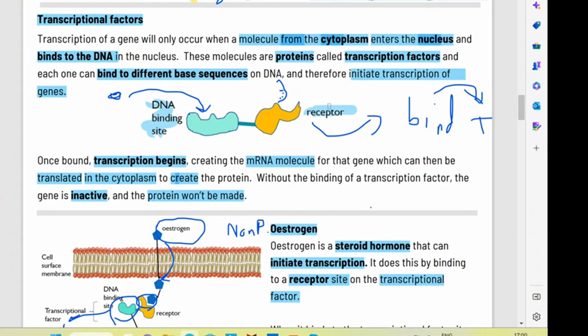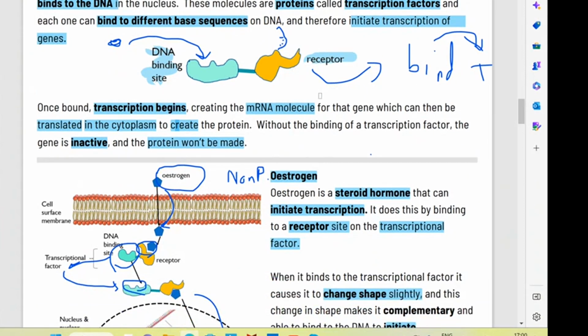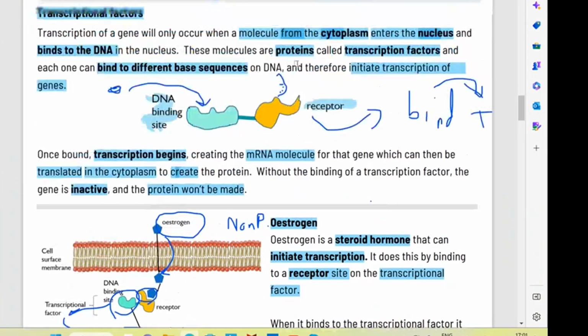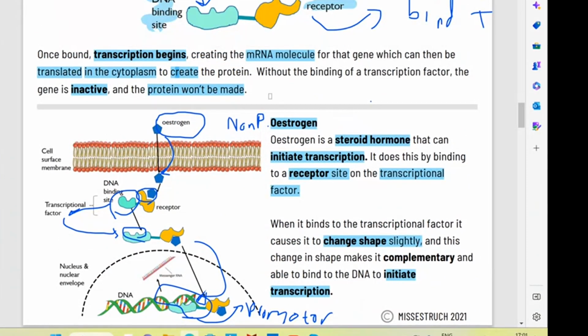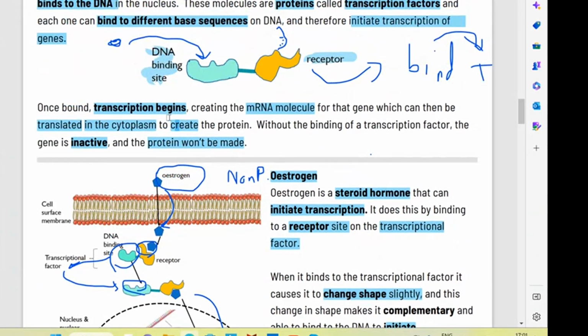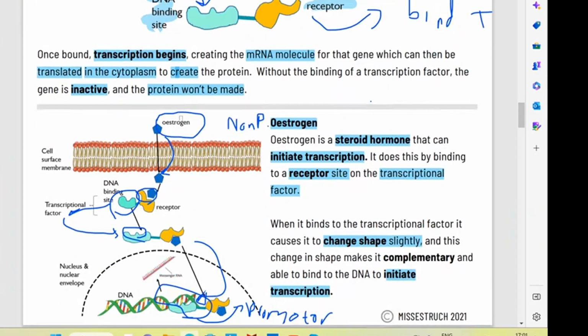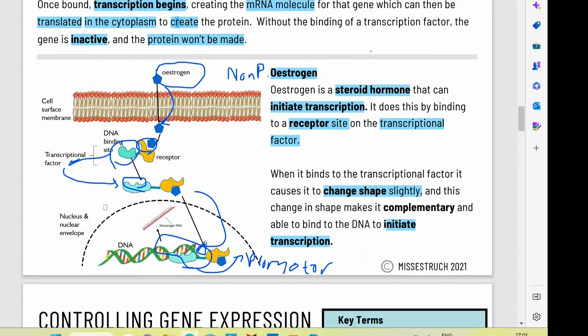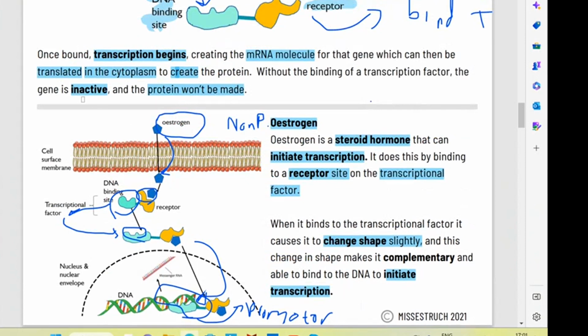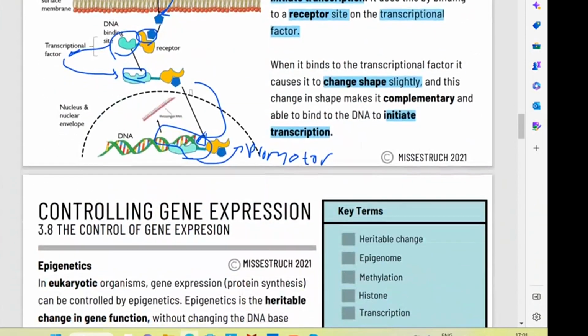Remember, we said it will bind to the DNA. These molecules are protein transcription factors. It's going to bind to a different base sequence of DNA, and this will initiate transcription. Once bound, transcription begins, creating the mRNA molecule for that gene. That can be translated in the cytoplasm to create the protein. So without transcription factors, the gene is inactive and the protein won't be made. How sad.